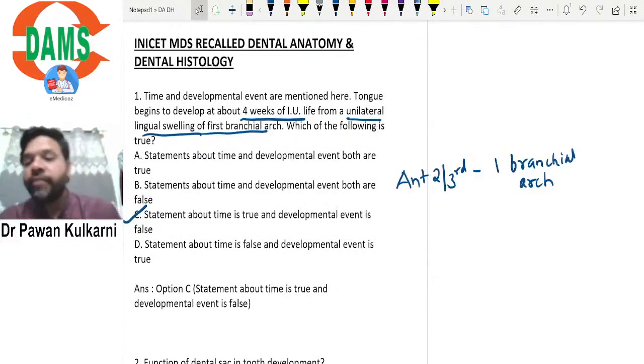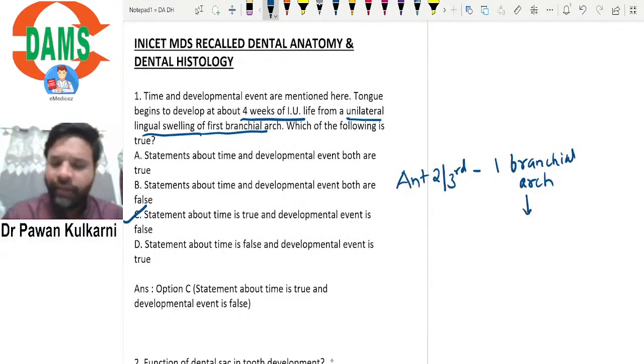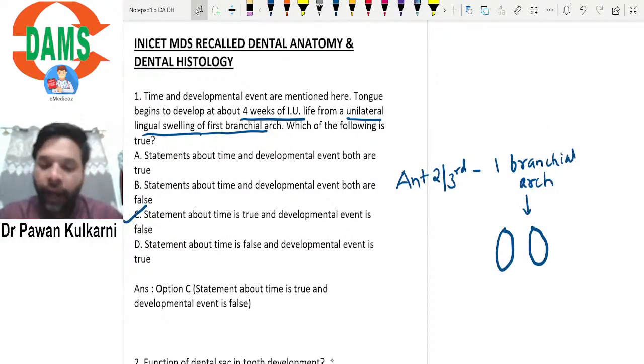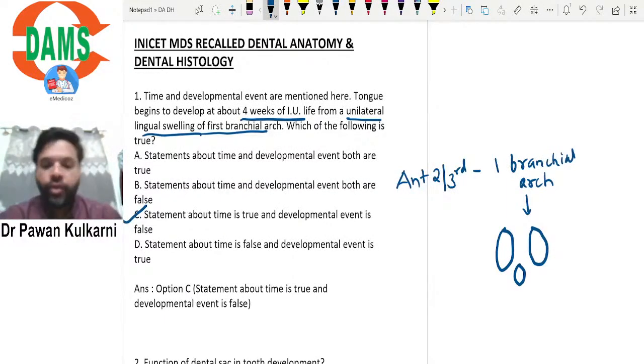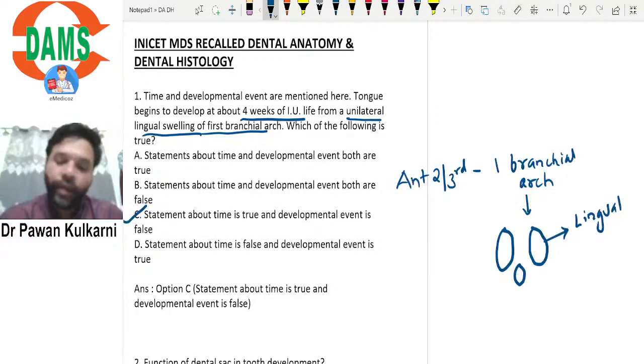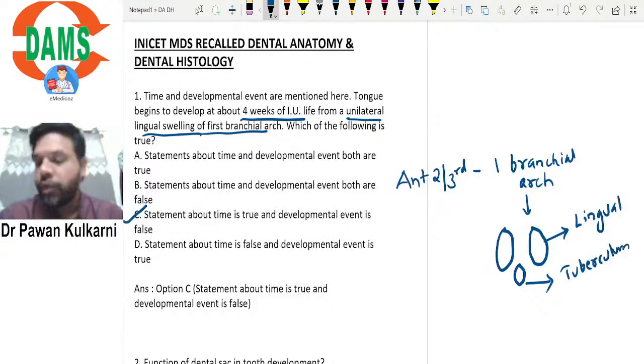The first branchial arch gives rise to two lateral lingual swellings and one median swelling. The two lateral swellings are your lingual swellings, and the median swelling is called the tuberculum impar.